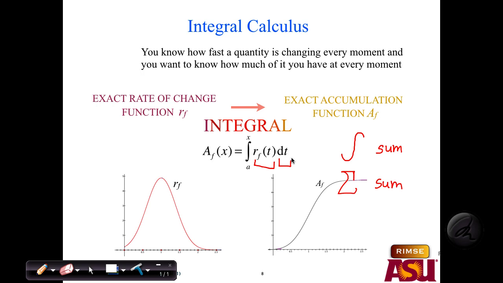So essentially we get to use all of the rates in our rate function instead of skipping over intervals at a time. We can't really do that because there has to be a little bit of change, but this notation indicates that instead of using bits and pieces that are a finite distance apart, we imagine them being essentially on top of one another and using all of the rates for essentially almost zero amount of time, but it can't be exactly zero, and just accumulating from a starting value up through whatever value of x we want.